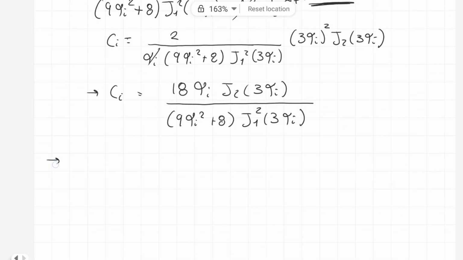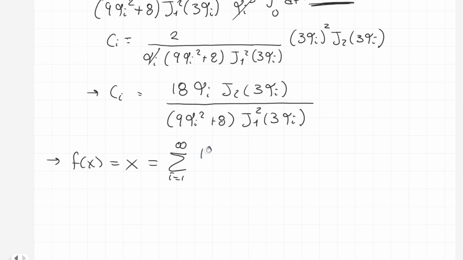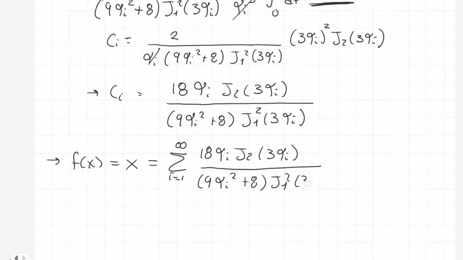So if we remember, f of x, which is equal to x, can be expressed as a Fourier Bessel series as the sum from i equals 1 up to infinity of ci times j1 of alpha x, but ci is equal to 18 alpha i j2 of 3 alpha i, divided by 9 alpha i squared plus 8 j1 squared of 3 alpha i, and then this multiplies j1 of alpha i x.